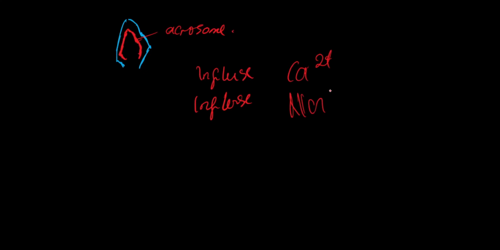The acrosomal reaction is actually initiated by an influx of calcium ions. So during the acrosomal reaction, it's kick-started by an influx of calcium 2 plus ions. Now this influx of calcium 2 plus ions is accompanied by an influx of sodium ions and an accompanied efflux of hydrogen ions.